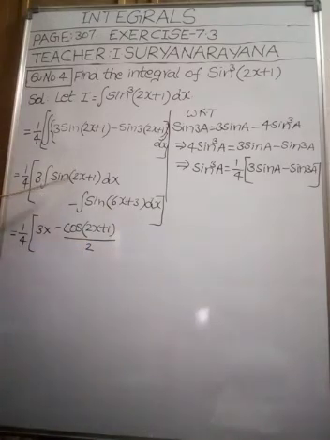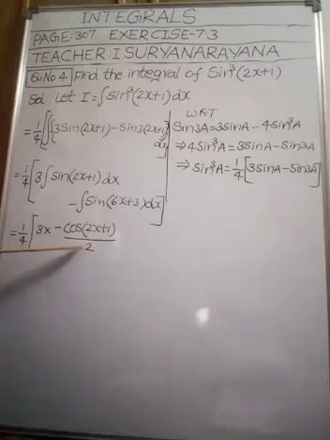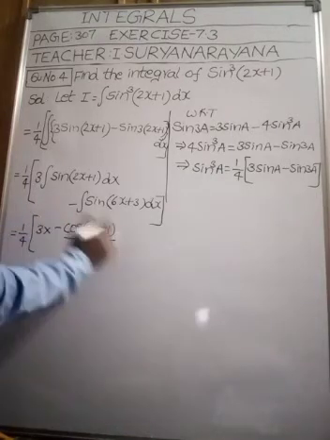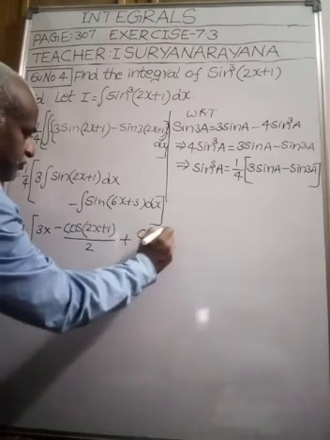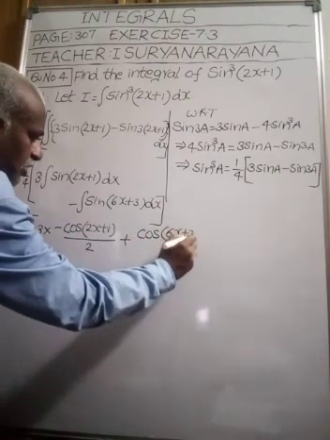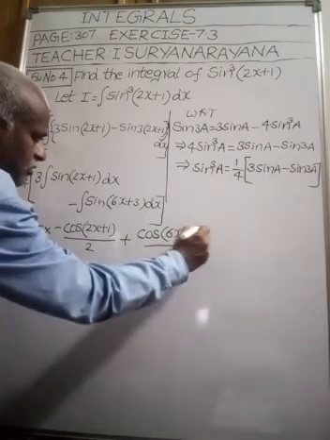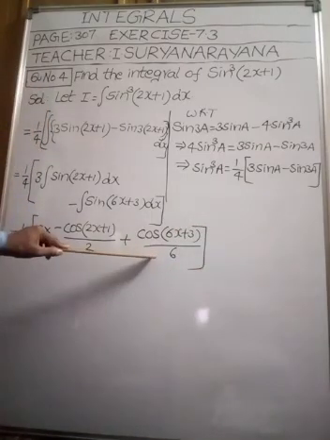We wrote the integral of this function. Okay, my children? So next, minus of minus gives plus, cos of 6x plus 3 whole divided by 6. Understood the second term, my children?